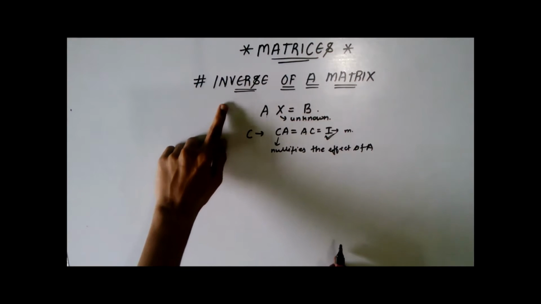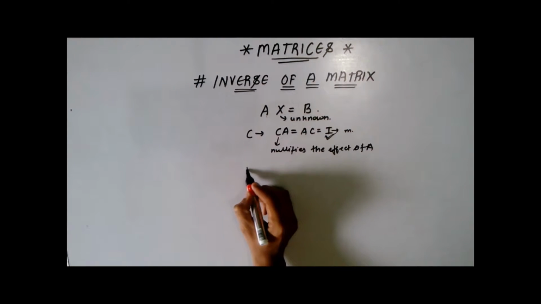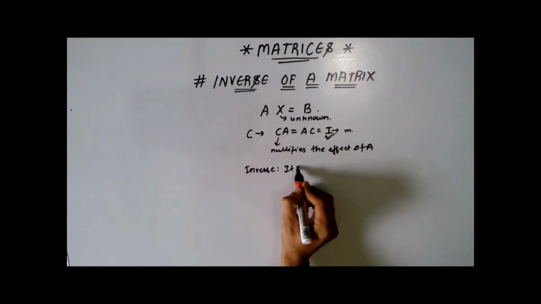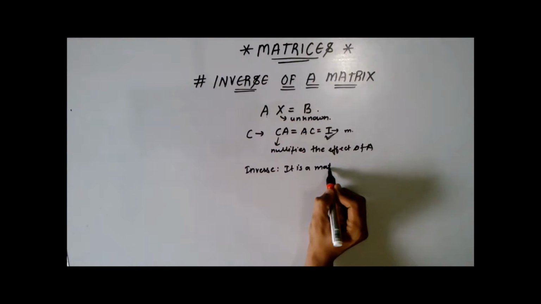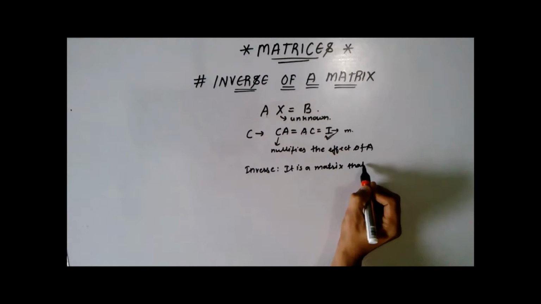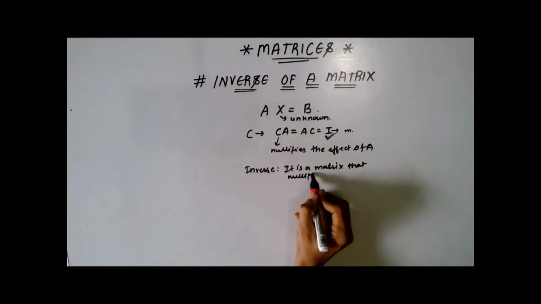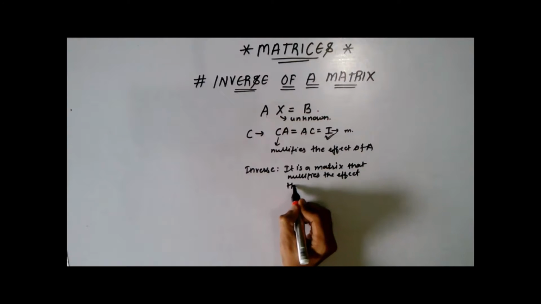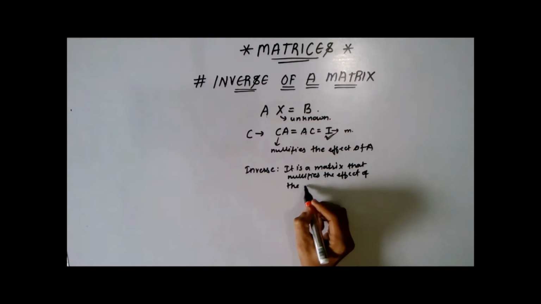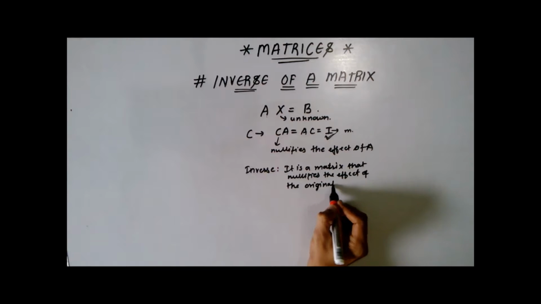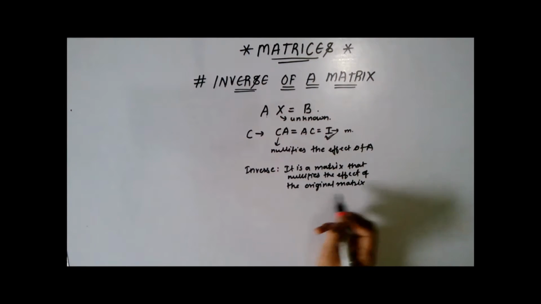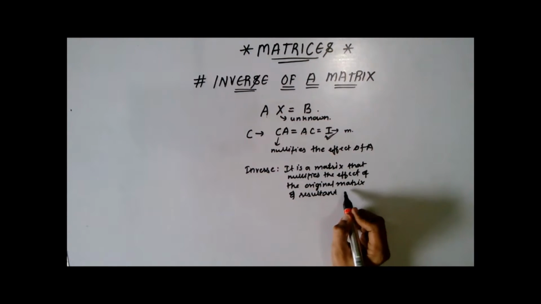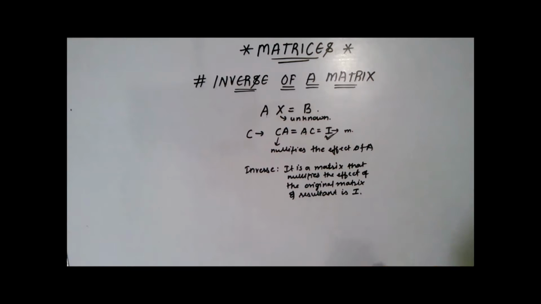So what is an inverse of a matrix? It is just a matrix that nullifies the effect of the original matrix, and the resultant is identity matrix.